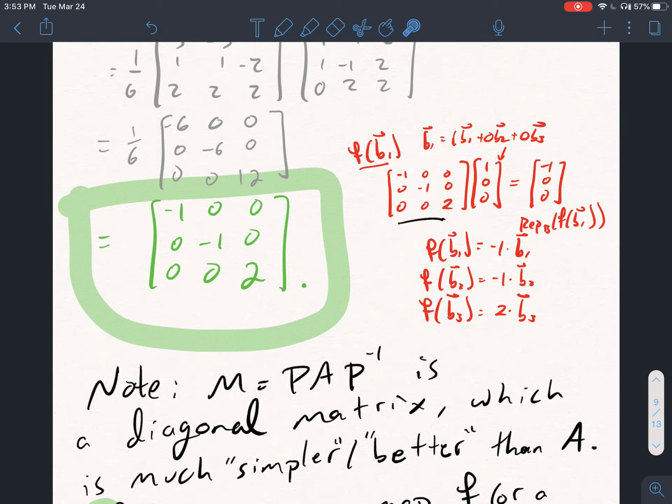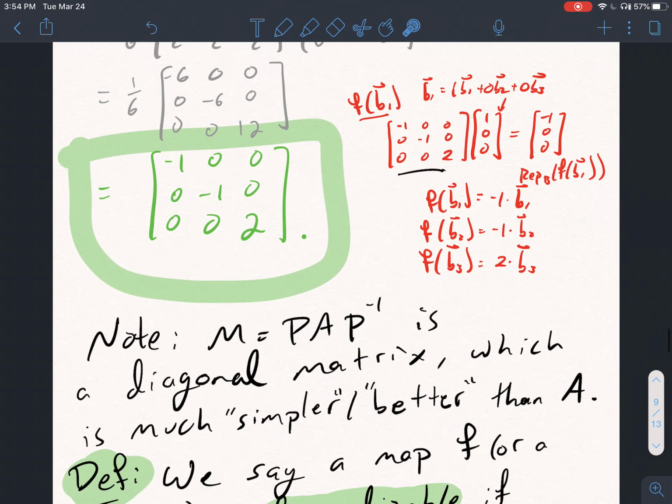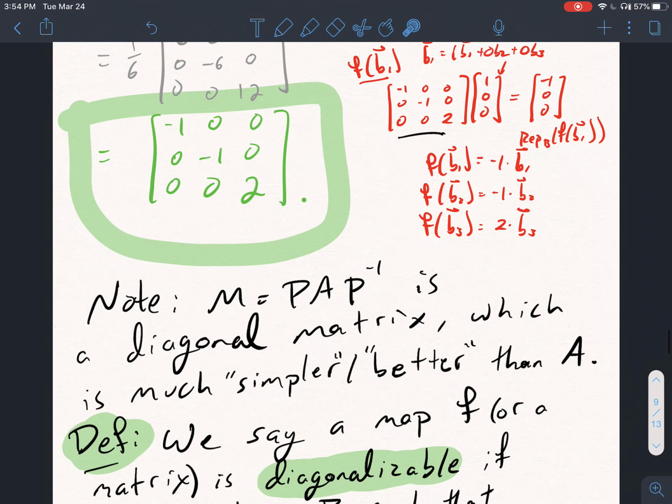We'll talk more about that at a later date and time, but eigenvectors and eigenvalues are pretty important and get used all the time, especially in engineering and stuff like that. They're just very important tools with linear algebra. So anyway, M is equal to PAP inverse, that's a diagonal matrix.